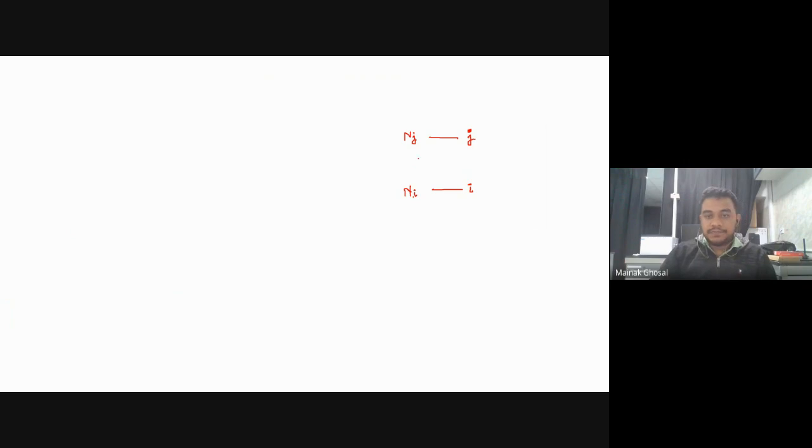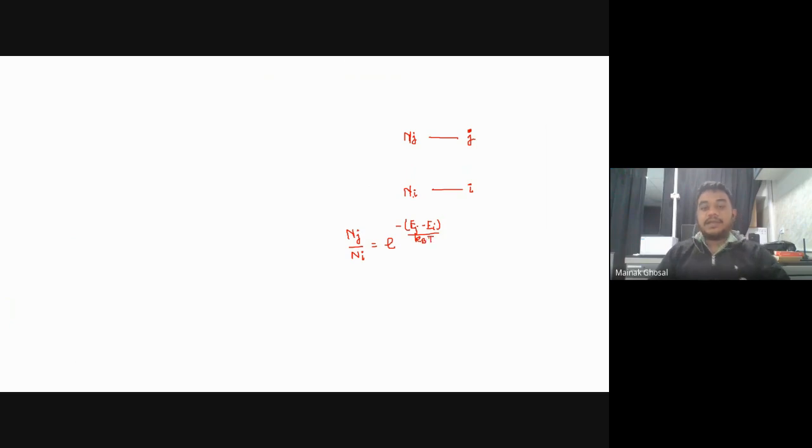So for state I there are Ni molecules, and for state J there are Nj molecules. What should be the distribution, what should be the value of Nj? Boltzmann said that Nj and Ni will follow this relation, e to the power minus (Ej minus Ei) by kBT.